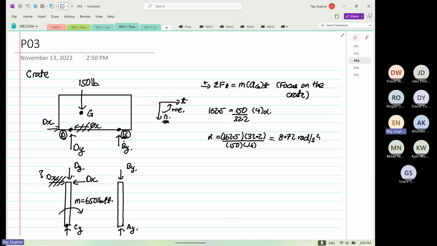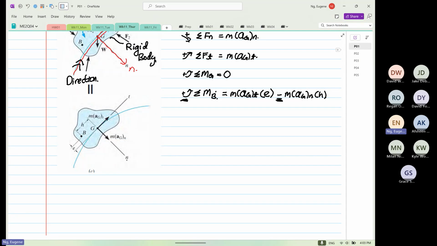Now, n is pointing down because we are going through the center of curvature, yes or no, right? So if you can go back to here, over here, this is the center of curvature for the curvilinear path.